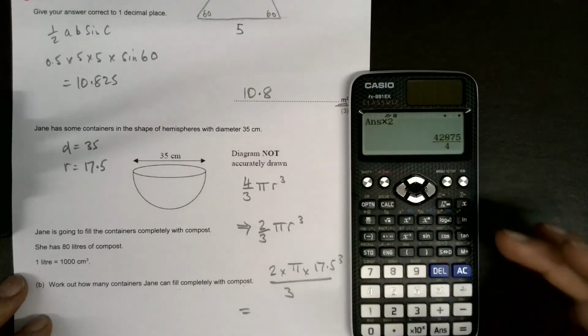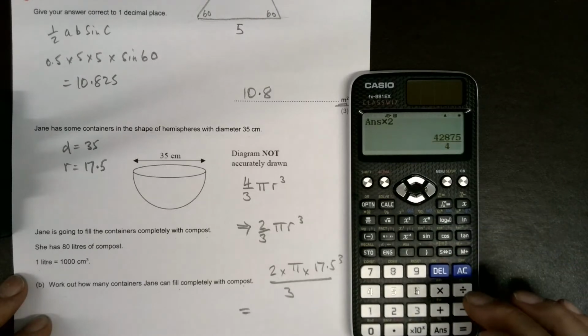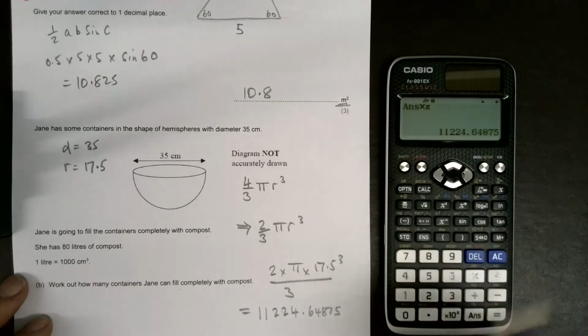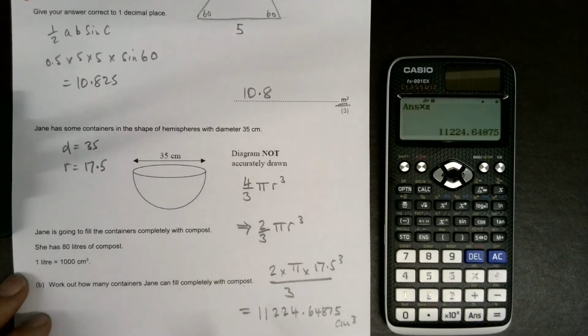And then I'm going to divide that by 3. And then I'm going to times that by pi. And I have 1,124.64875 centimetres cubed per one of these containers.